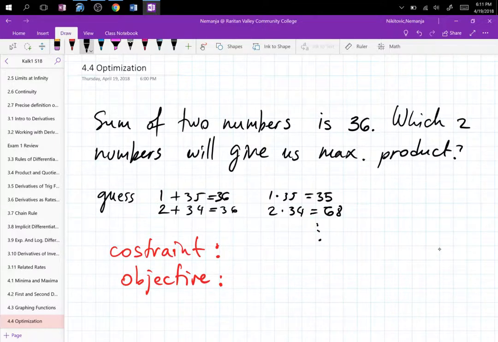You are working under the constraint that your sum has to be 36. And what is your objective? Your objective is to have the product be a maximum.